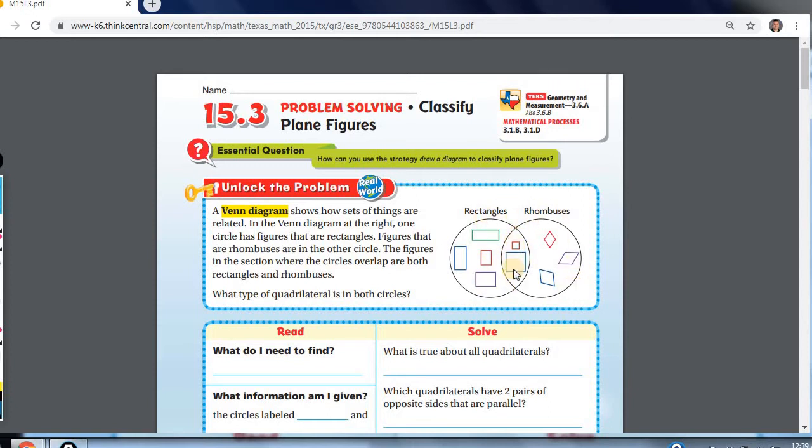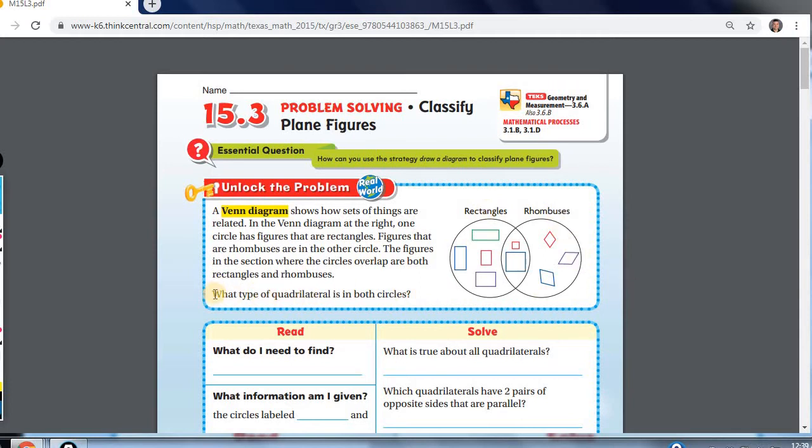Then the figures in the section where the circles overlap are both rectangles and rhombuses. So that's what the Venn diagram does. Okay, it compares two different things, and it tells you the ones in the middle have characteristics from both circles. The ones outside have only characteristics of the title that's on top of that circle.